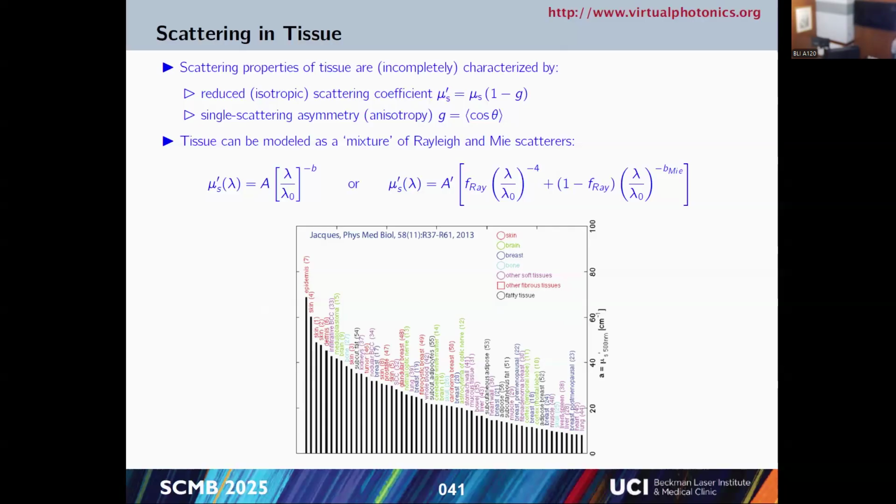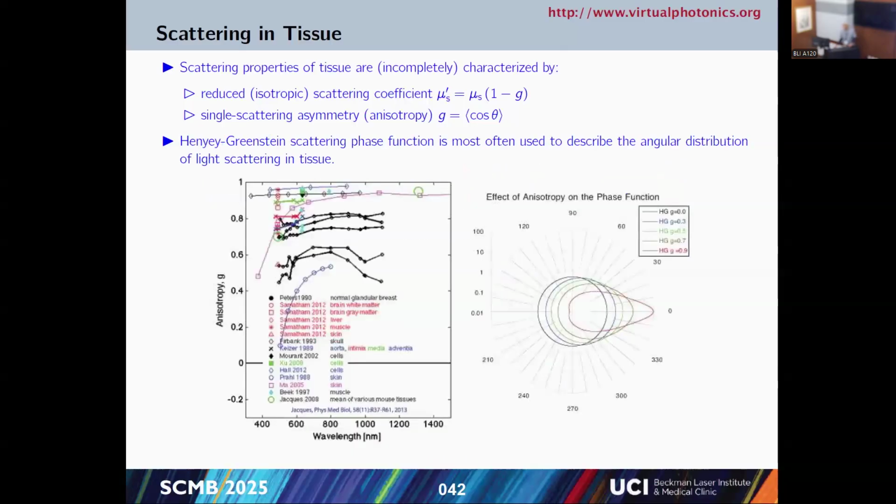Skin and epidermis are notorious for scattering light, but things like breast, liver, and muscle, their amount of scattering is much reduced relative to skin, for instance. And then these are plots for your reference of the variation of this single scattering anisotropy G, which is important in terms of the directionality of the light field.